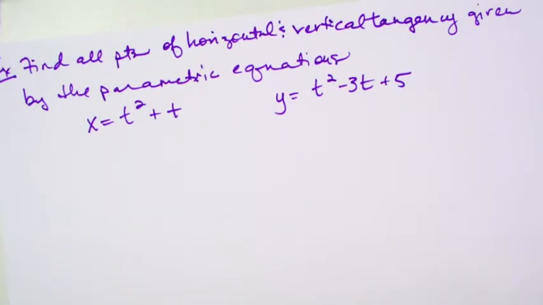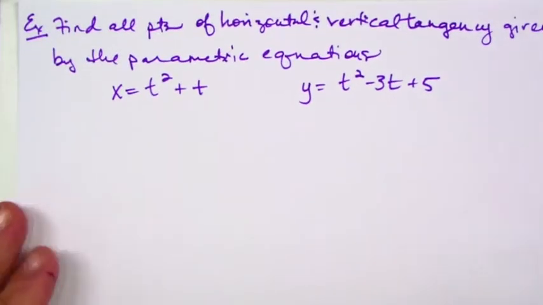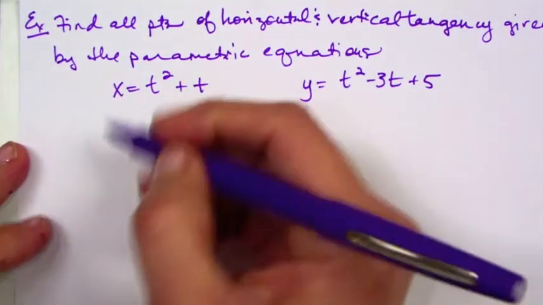Now I do have to be careful because they could both be 0. If they're both 0, then I don't have a vertical or horizontal tangent there. I have a hole in the graph, right? So if I'm looking for a horizontal tangent, I want to know where dy dt is equal to 0, but dx dt isn't. And then similarly for vertical tangent. Okay, so here we go.